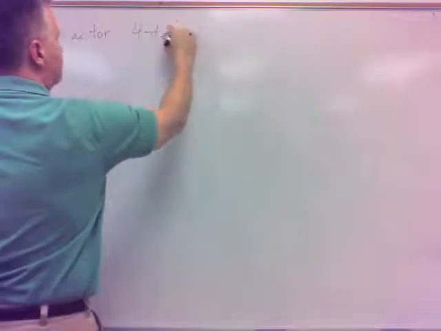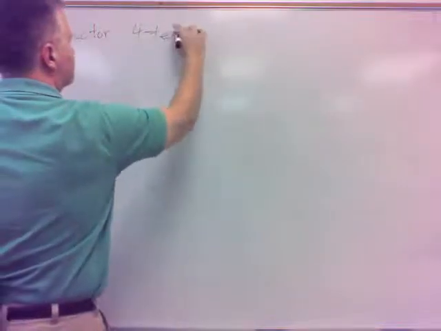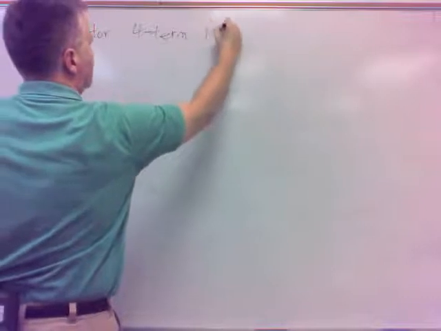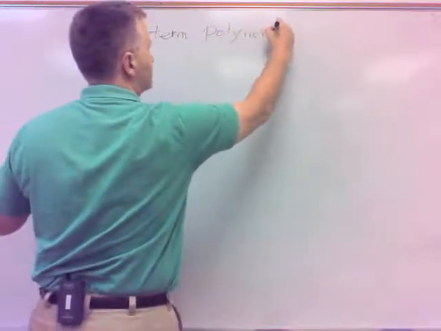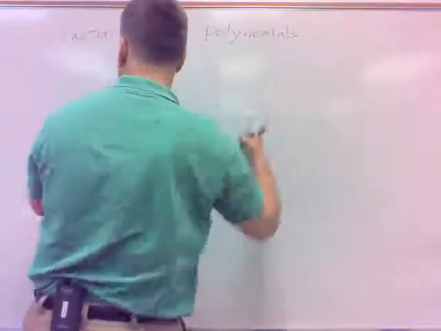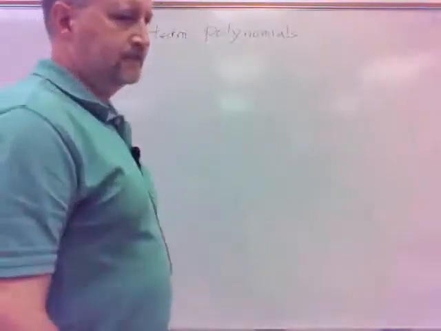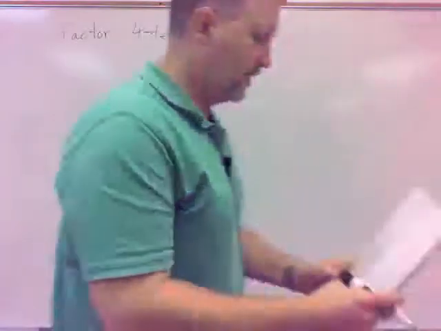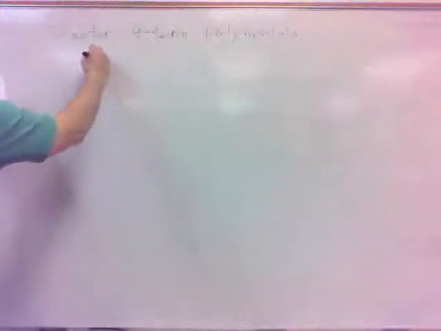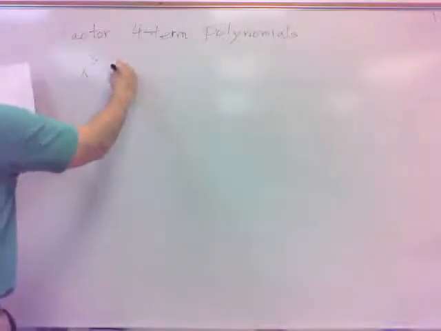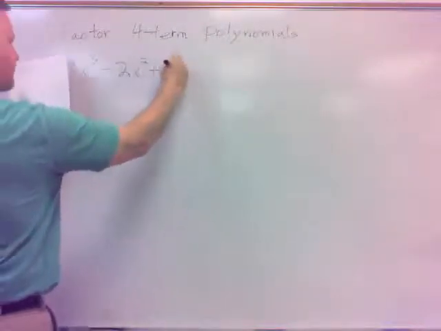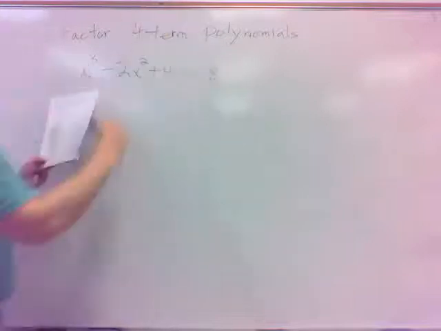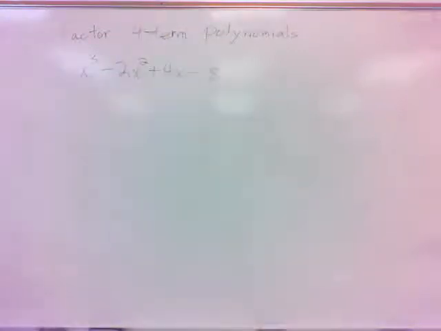Factoring 4-term polynomials. For example, x cubed - 2x squared + 4x - 8.